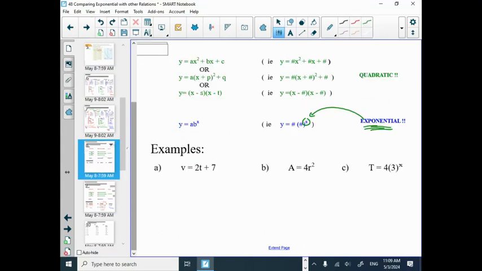So when you're looking at these equations, if this was in random order, you'd have to be able to recognize that this is in a y equals mx plus b format, and so it's a line, it's linear. And this one here, there's a power of 2, and so that's a quadratic. And this one has the exponent as the x, and so it's exponential. Things to know and be able to identify and watch for.